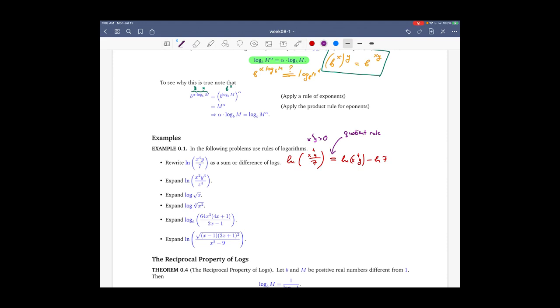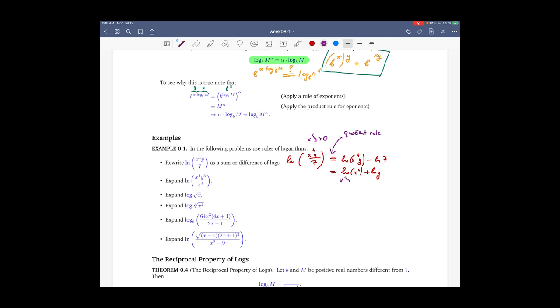Now, if we want to apply the product rule to the first term, we should check whether this is permissible. We should require that before we write that this is ln x to the power 4 plus ln y, we should make sure that x to the power 4 and y are positive.